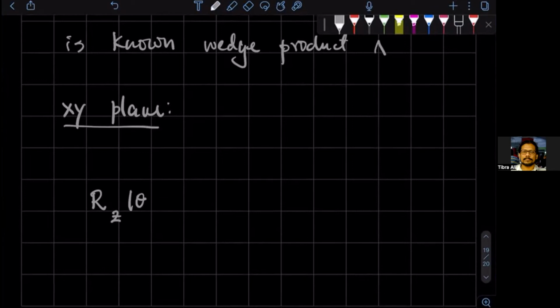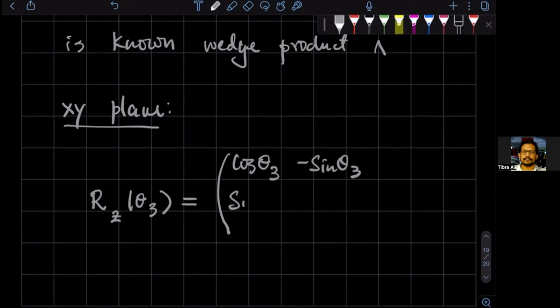Because it's the rotation about the Z axis. So the matrix will look like cosine of theta 3, minus sine of theta 3, 0; sine of theta 3, cosine of theta 3, 0; 0, 0, 1.